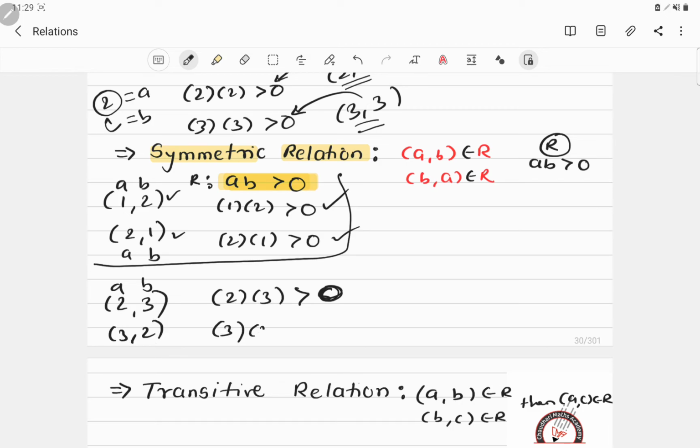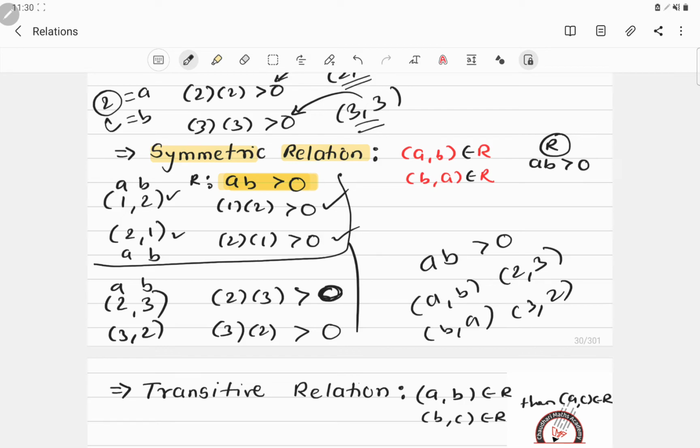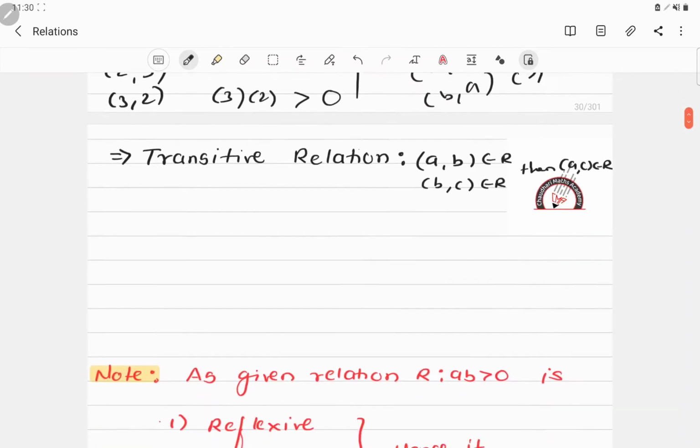What is 3 2? 3 into 2, which is 6, greater than 0, which also satisfies. Therefore, as far as this example is concerned, it satisfies ab greater than 0 even if you change the order from ab to ba, like 2 3 and 3 2. Even if you change the sequence in the ordered pair, it still satisfies the same formula ab greater than 0. So definitely it is also a symmetric relation.